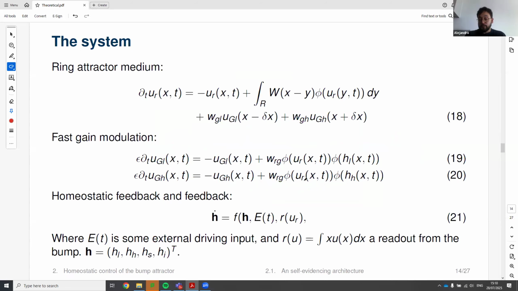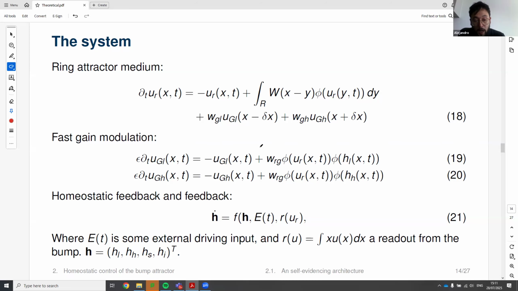In addition, you can show that this network can move the bump at a particular speed. You can study the speed of the movement of the bump, and you can also adapt the parameters so that you get some particular properties of the movement of the bump.